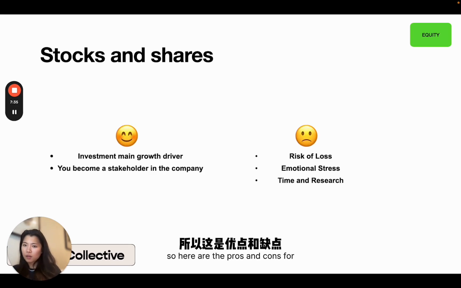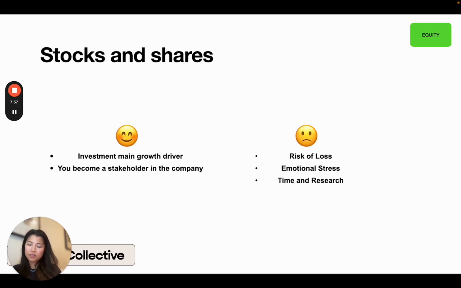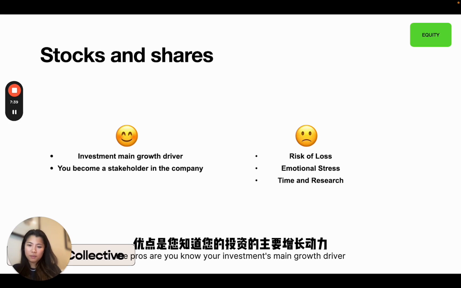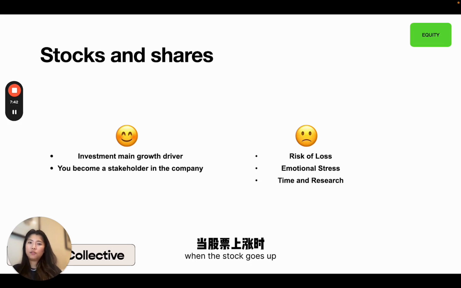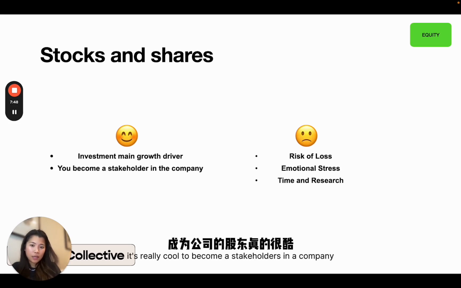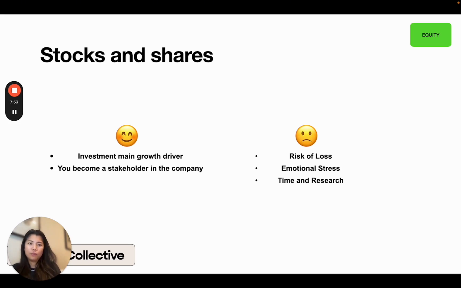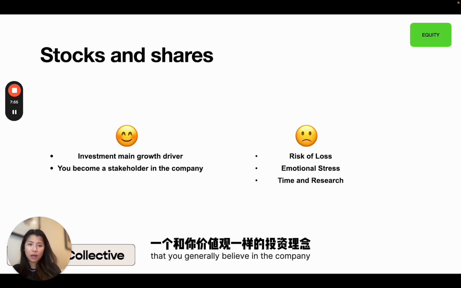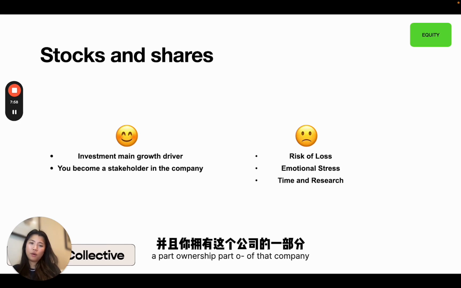So here are the pros and cons of investing in stocks and shares. The pros are, it's your investment's main growth driver. When the stock goes up, you can see your investment money goes up, right? Also, it's really cool to become a stakeholder in a company, to invest in companies that are generally doing good for the world, that you generally believe in. You own part of that company.